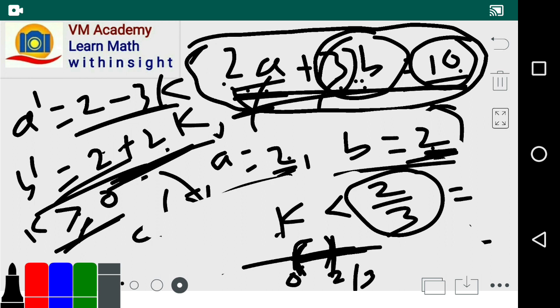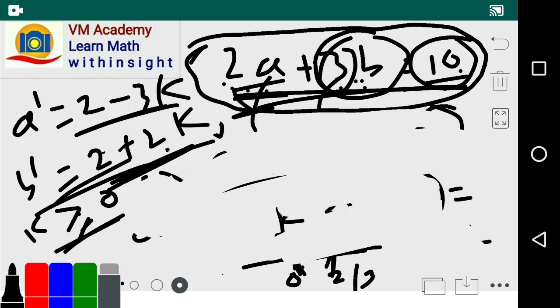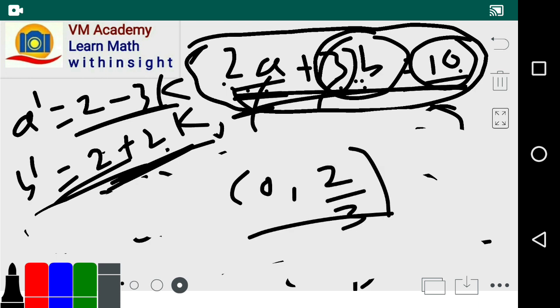You can take any value between 0 and 2 by 3 and substitute here, then we get this solution. Take any k value and substitute here, then we get a dash and b dash positive.